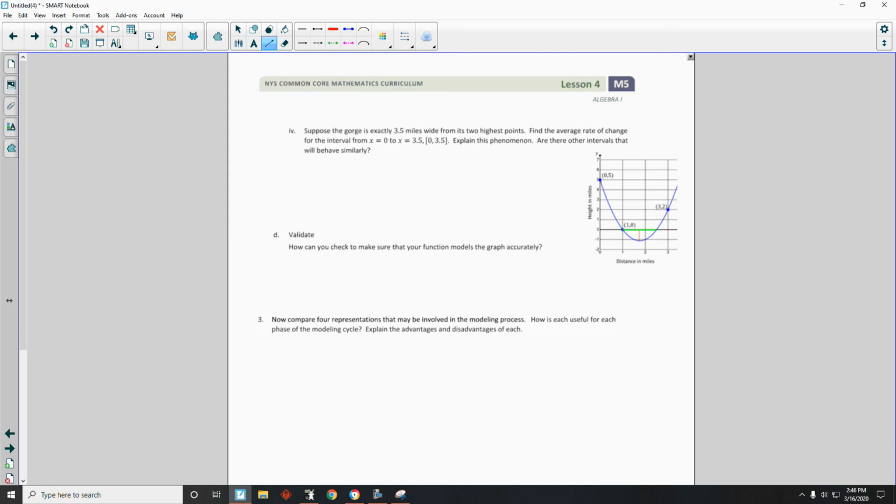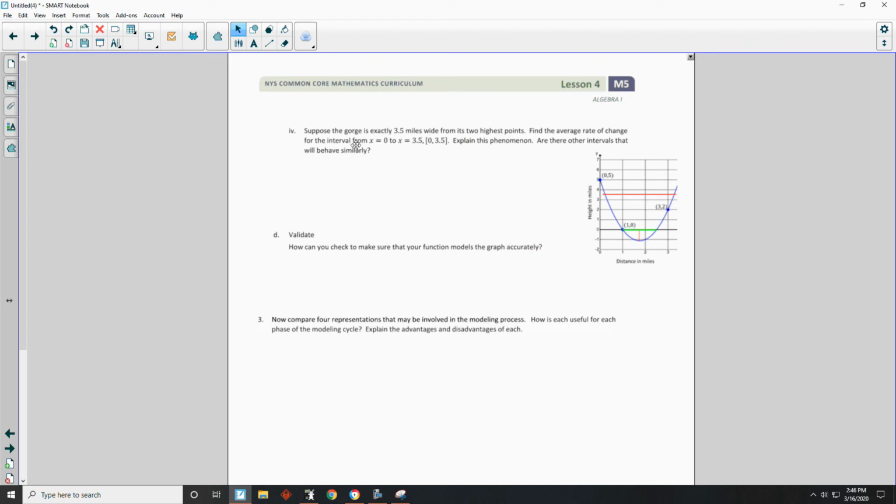And so what they're saying is right here over to here. That's what we're trying to find. So it says, suppose the gorge is exactly 3.5 miles wide from its two highest points. All right, so 3.5 miles, that would mean I would move this down to right here. So 3.5 miles is right there.